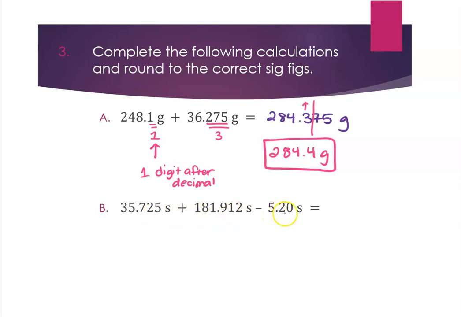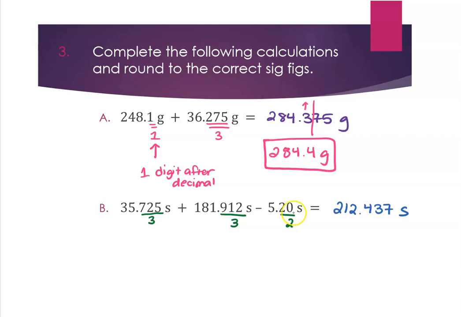If we look at another example here, here I'm adding 35.725 plus 181.912 minus 5.20. All right, so if we do all of this math, we put it into the calculator and we get 212.437. All right, so again, I'm going to count all the digits to the right of the decimal place. So 725 is 3 digits, 912 is 3 digits, and then 2 and 0 are 2 digits.